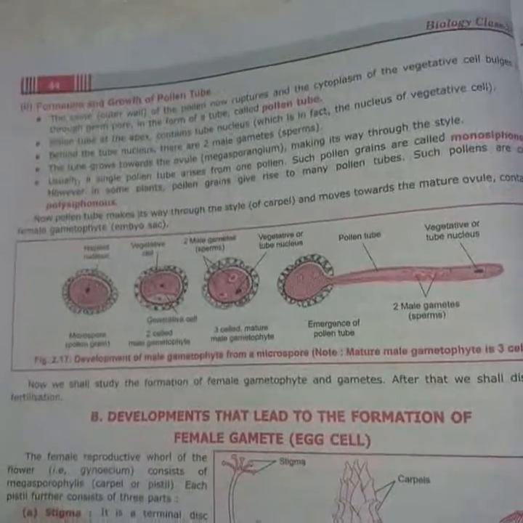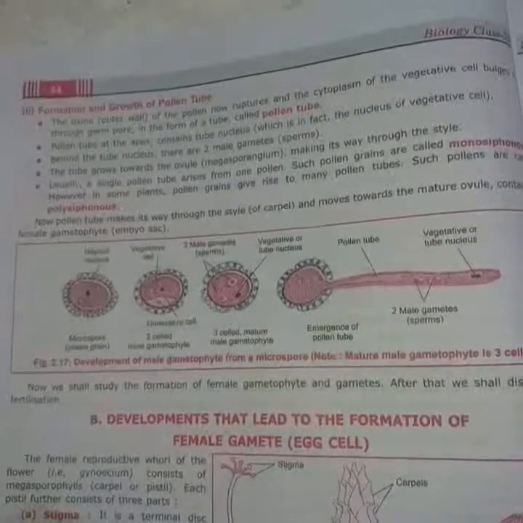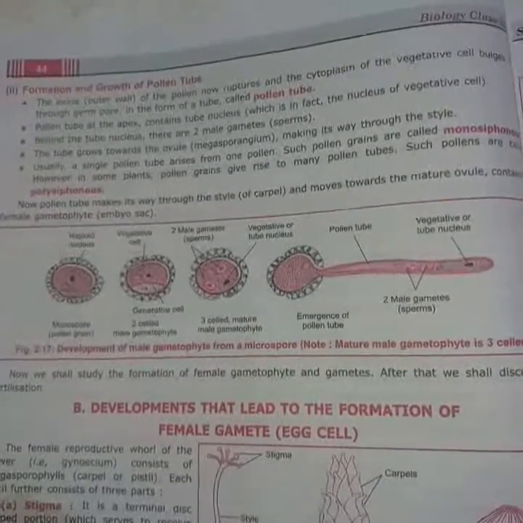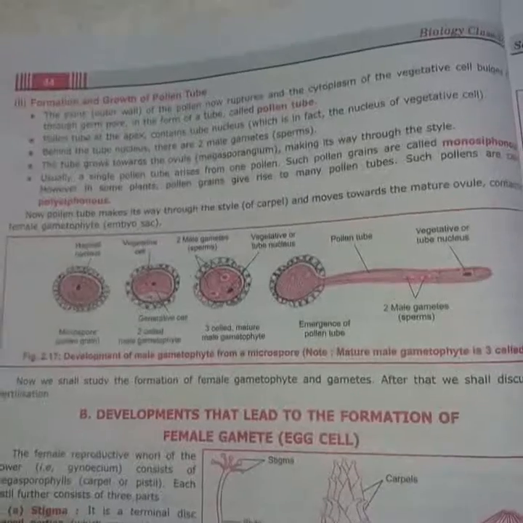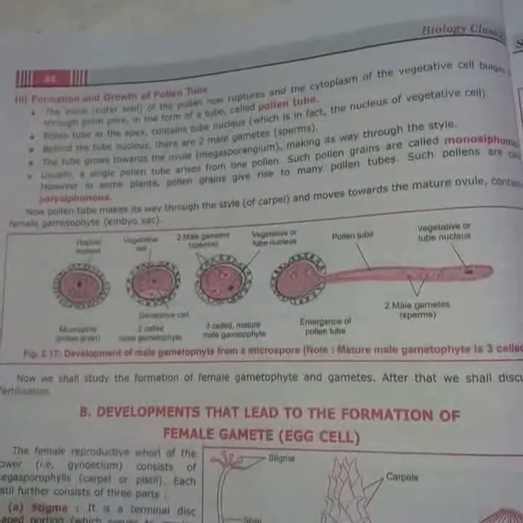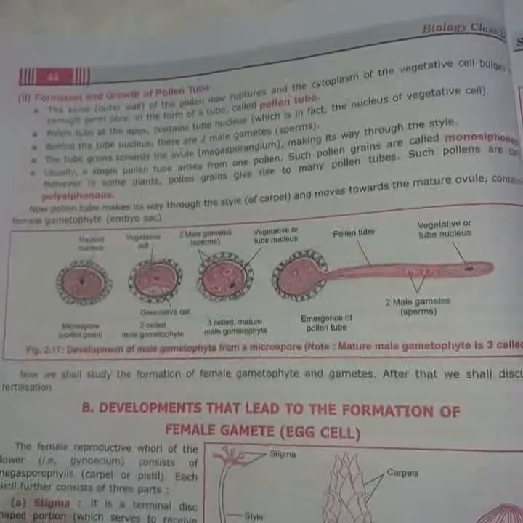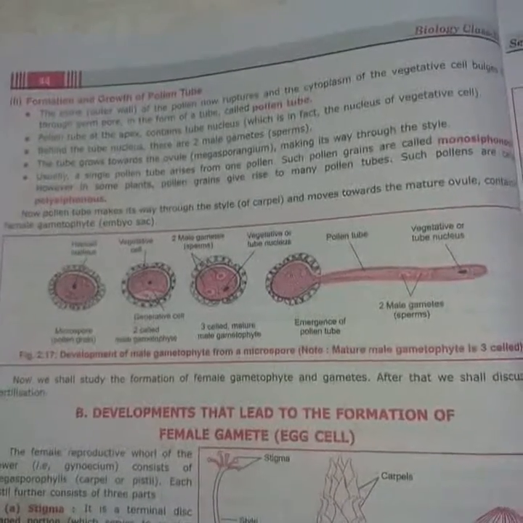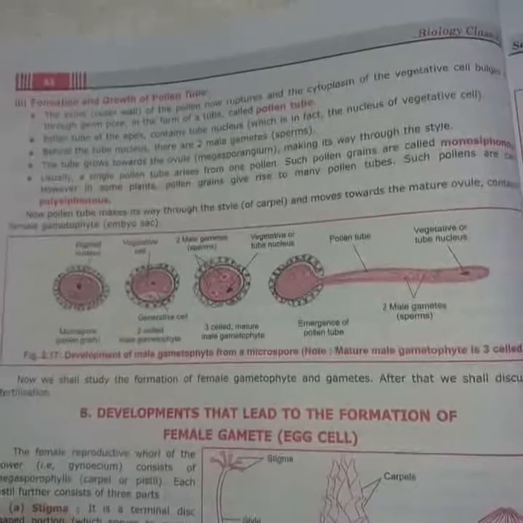Pollen grains are very tiny structures or tiny living cells, so they are called microspores, and this process is called microsporogenesis.